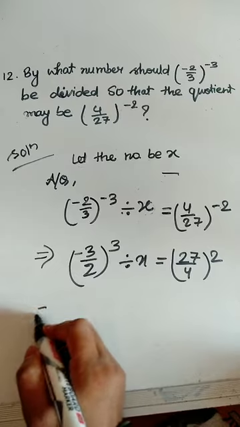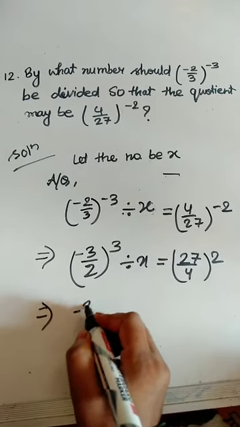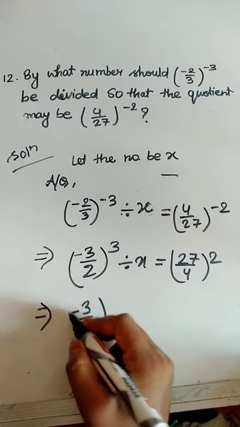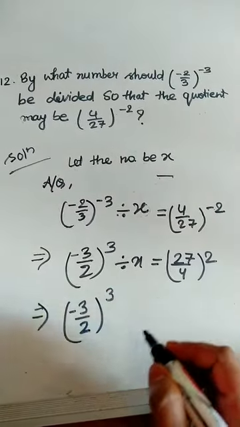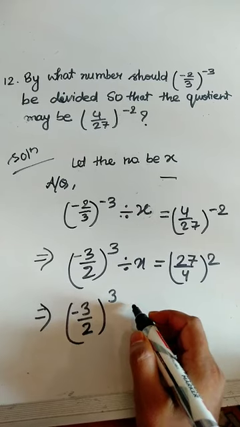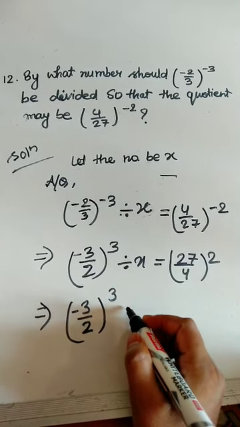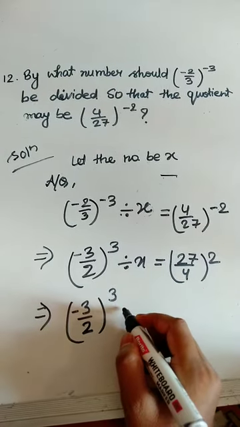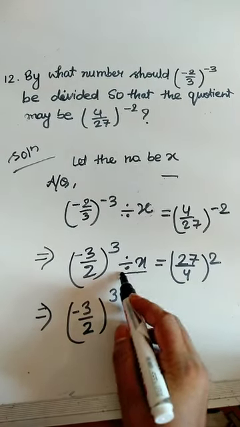Now how to solve? (-3/2)^3 divided by x.